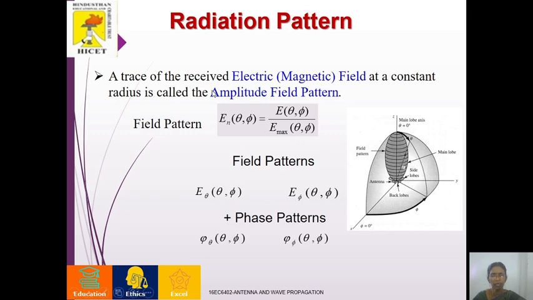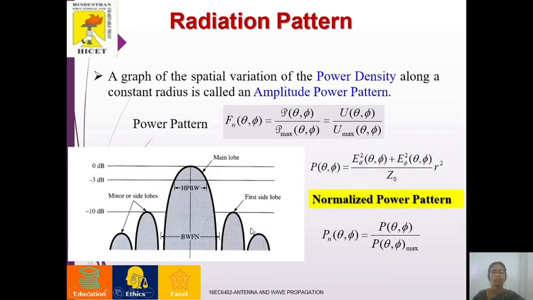So, the amplitude radiation pattern can be given as En of theta comma phi equal to E of theta comma phi divided by the maximum of E of theta comma phi, where En of theta comma phi is the normalized field pattern of the antenna. It contains both the amplitude field pattern as well as the phase field pattern.